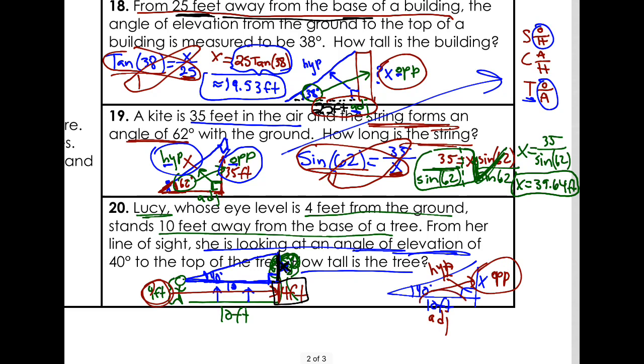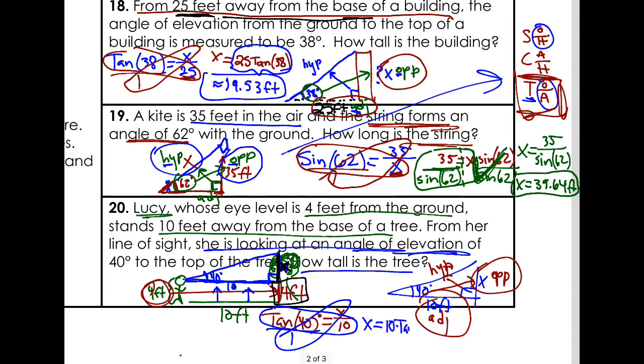So we want the opposite and the adjacent, which would be our tangent. So if we set it up, tangent of the angle is equal to, well, remember tangent is opposite over adjacent, so the opposite has to be on the top, adjacent has to be on the bottom, and we can cross multiply. So 1 times x is x, equal to 10 times the tangent of 40.